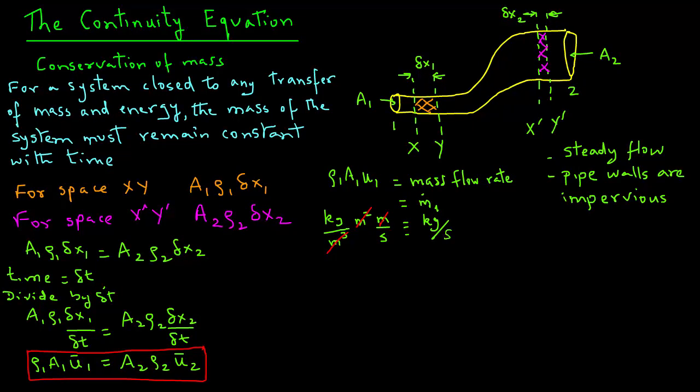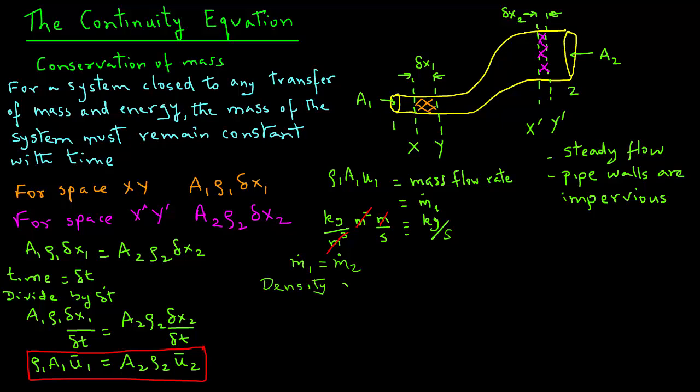So we have the equation of continuity also expressed as m dot 1 equals m dot 2, which basically says that the mass flow rate in this system remains constant under steady state conditions.